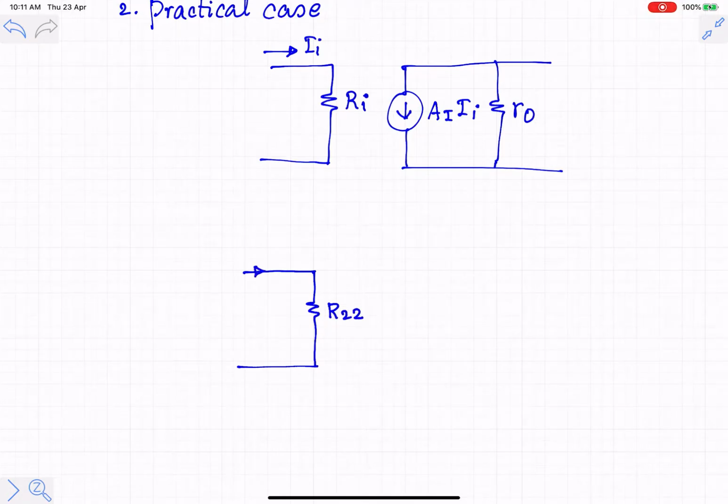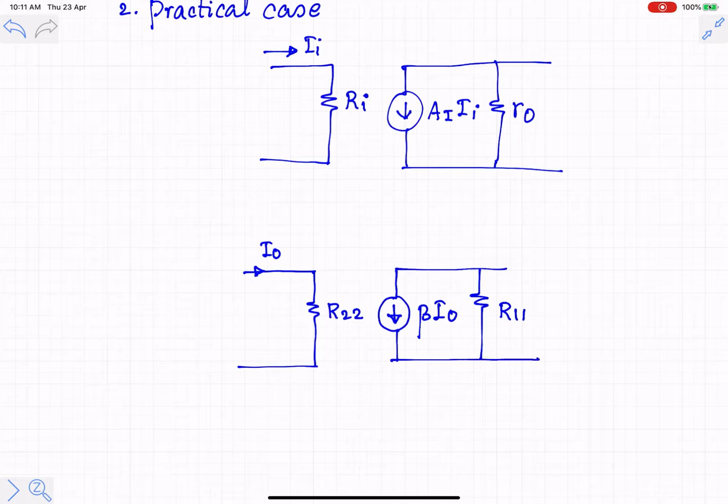The current we call IO, and the output side is a current controlled current source whose value is beta into IO, and it has an output impedance of R11. So this is the practical case. The feedback network is not ideal. It has finite input impedance and finite output impedance. In ideal case, the input impedance would have been 0 and the output impedance would have been infinite. So this is the feedback network.